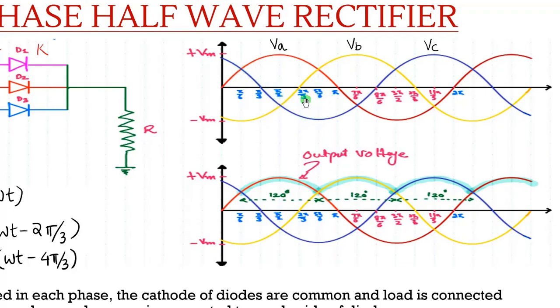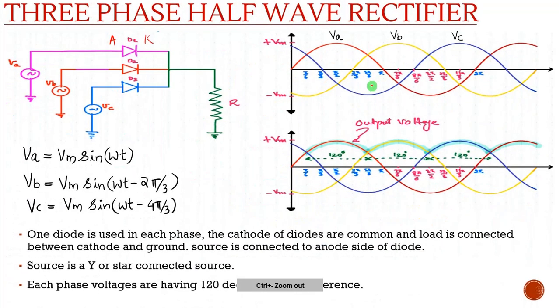VC will be 120 degree phase shift from VB. You can see the zero crossing point is here, that is 8 pi by 3 or 4 pi by 3, which is again 120 degree phase shift from VB. Each phase voltage will have a 120 degree phase shift. That is what is shown in this figure.